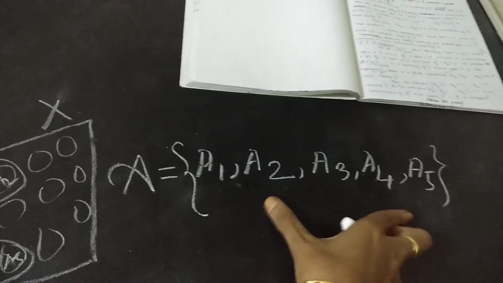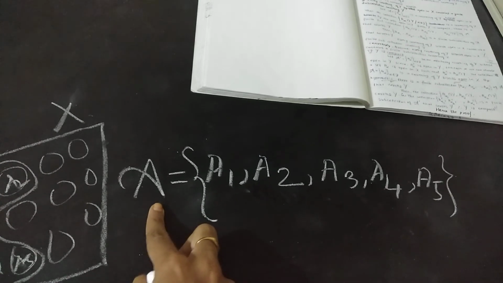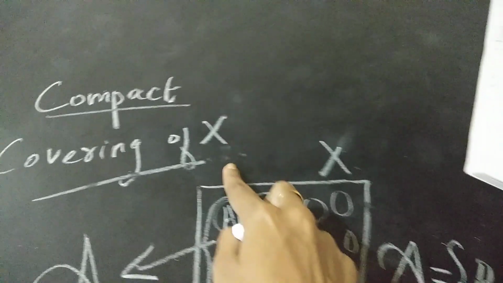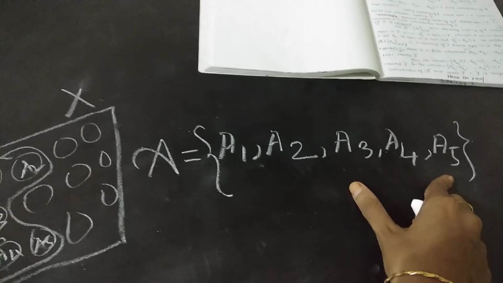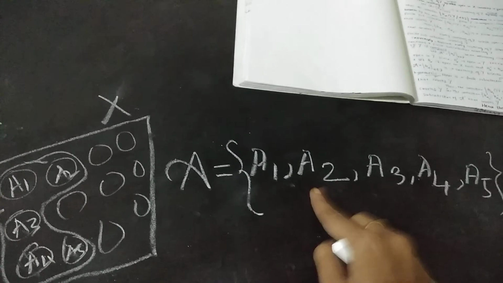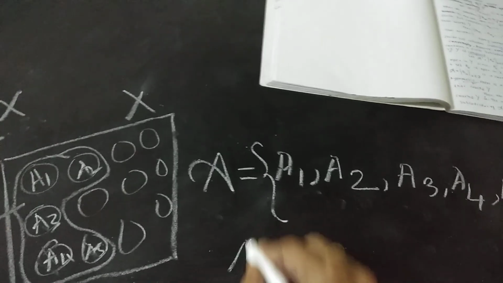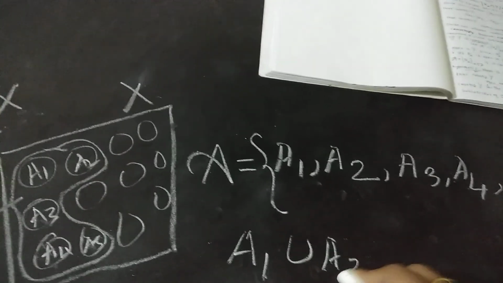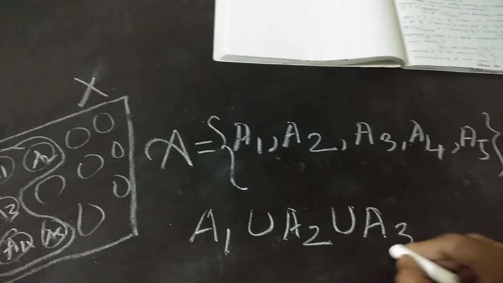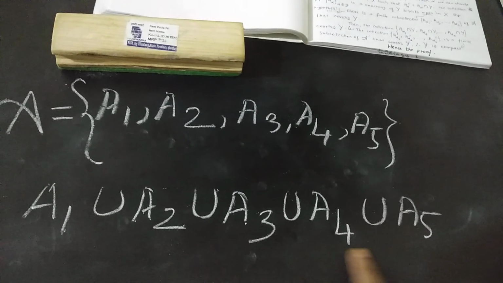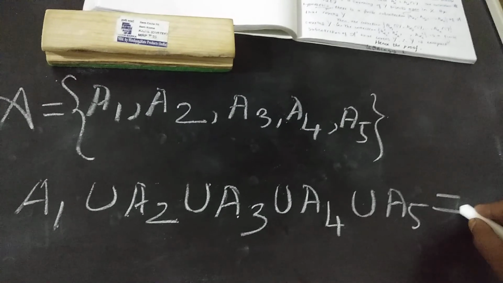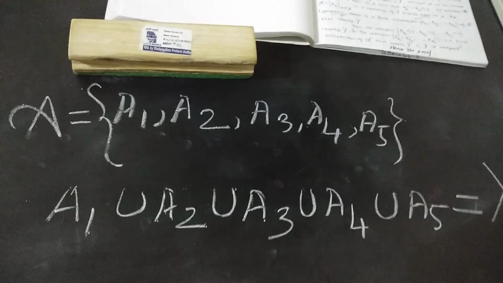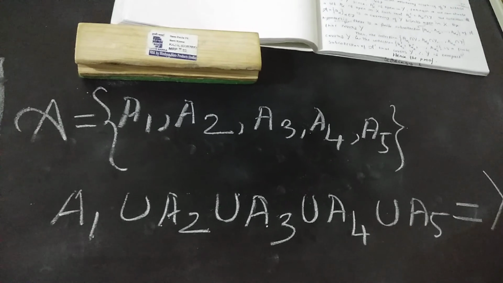For script A to be a covering of capital X, I am going to find the union of these elements. These are subsets, right? When I find the union of these elements present inside the script A, I will get elements, and that should be equal to X.